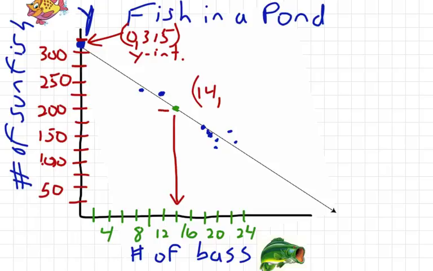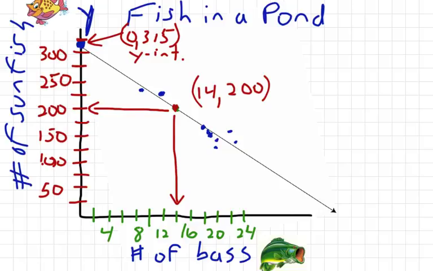And then if I go straight across, it looks like that point could represent 200 for my y. So when you're making these points up, again, they have to be on the line. And you can pick any two that you want. I'm always going to pick ones that are a little far apart. So I'm using my y-intercept and that point that I just pointed out. Get it?